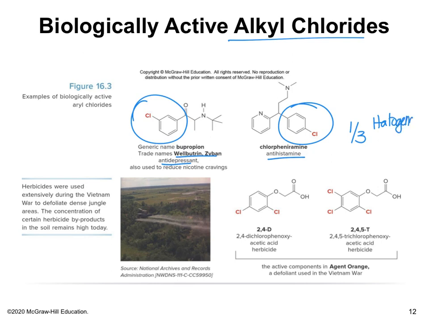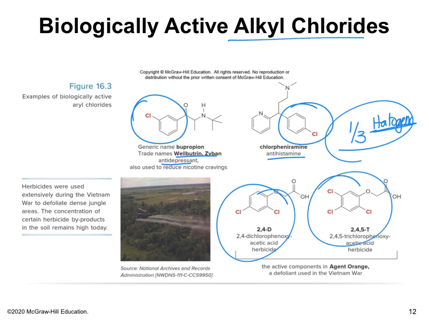And in nature, it's very rare to have a halogen in a molecule. But synthetically, over a third, you get halogenation. This is Agent Orange, which is a very bad herbicide that remains still in the soil today.